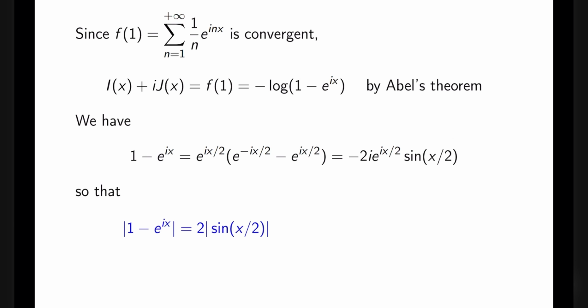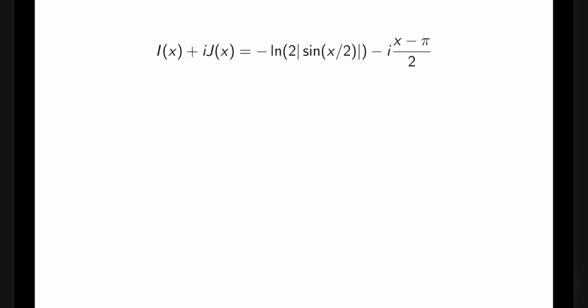And the argument is simply going to be x minus pi divided by 2. And now we are basically done, because I of x plus i J of x will be minus ln of 2 absolute value of sine x over 2 minus i times x minus pi divided by 2.